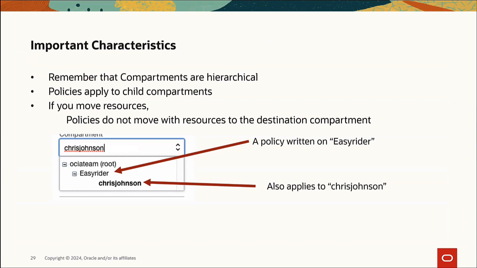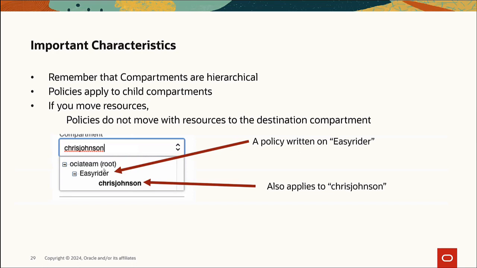Now, in terms of policies applying to child compartments, we know that compartments can be hierarchical, and we can move resources between compartments. What you can do here is write a policy in this Easy Rider compartment that references resources in Chris Johnson's compartment.